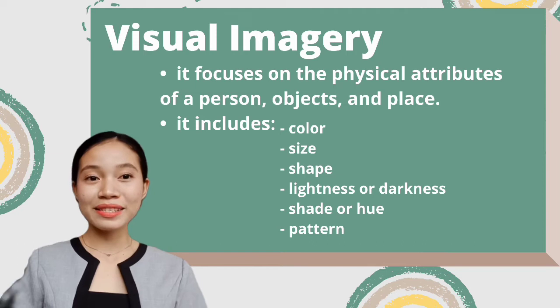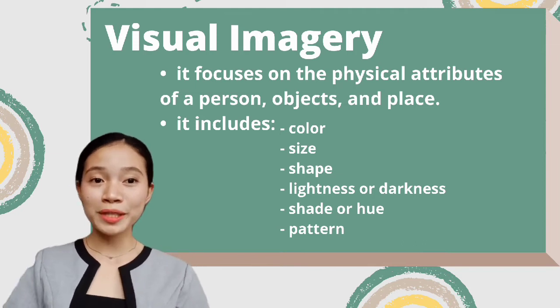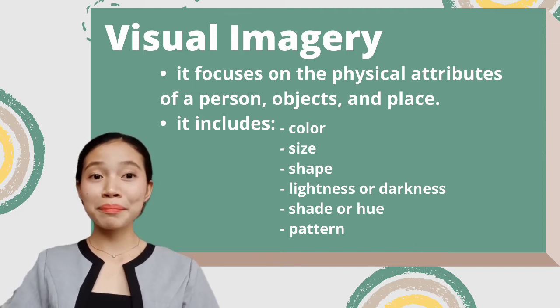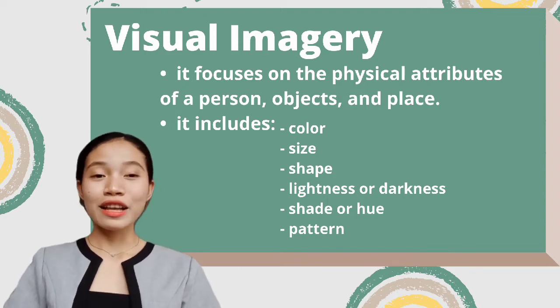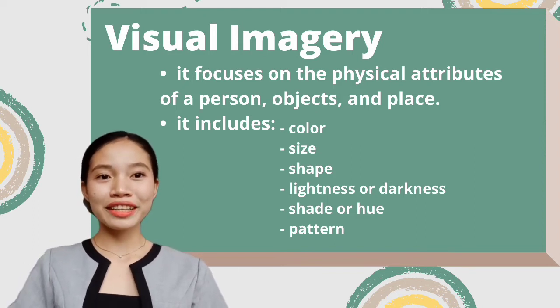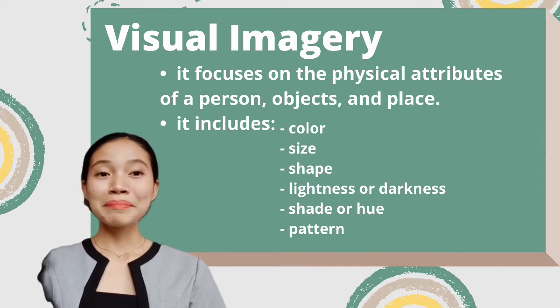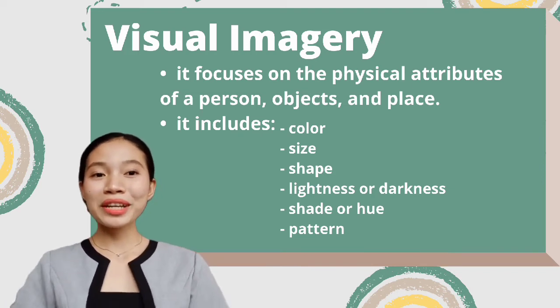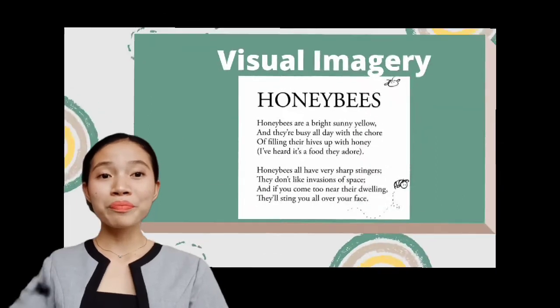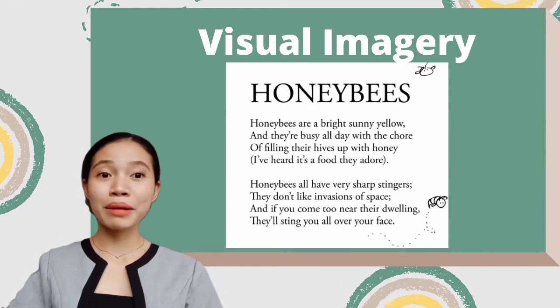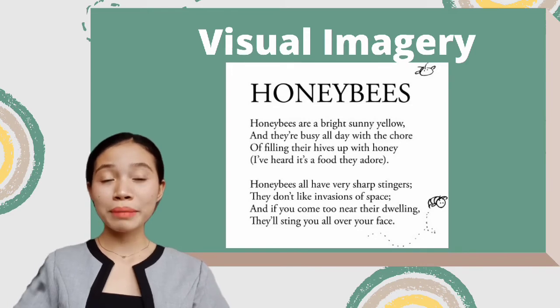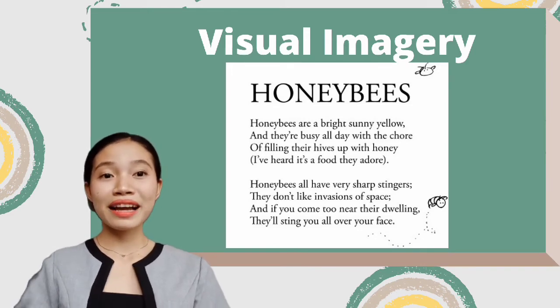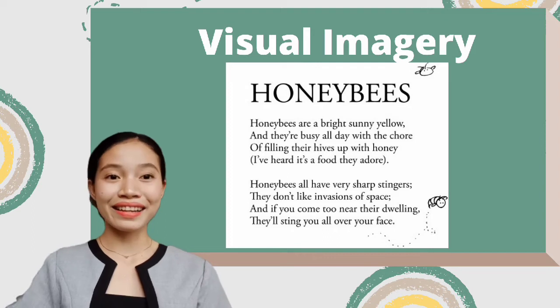It focuses on the physical attributes of a person, objects, and place. It also includes the color, size, shape, lightness or darkness, shade or hue, pattern, and such. So for example, we have it here, a poem entitled Honeybees by Barbara Vance. So it is an example of visual imagery because it describes the honeybees as bright sunny yellow.